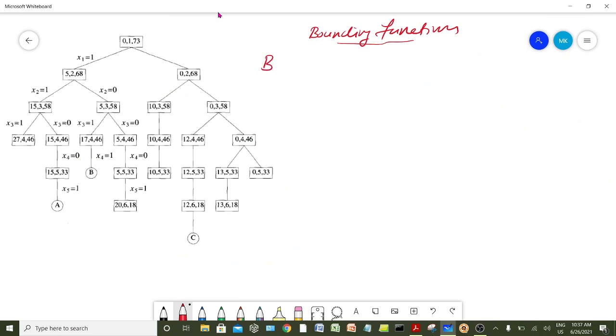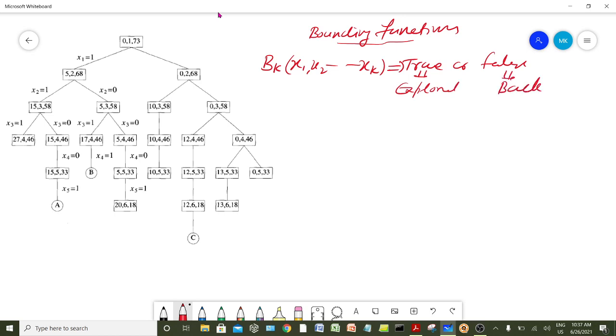What exactly we used to have is the b of k considering x1, x2 up to x of k. It may result in true or it may result in false. If it is true, then the node is to be explored further. If it is false, then it is going to be shown as the backtracked one.